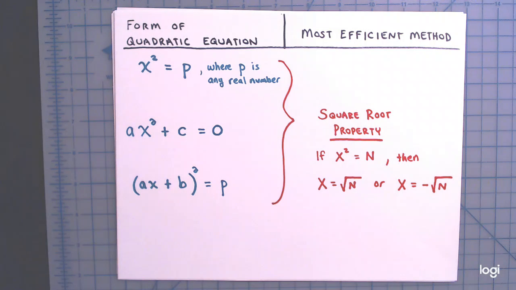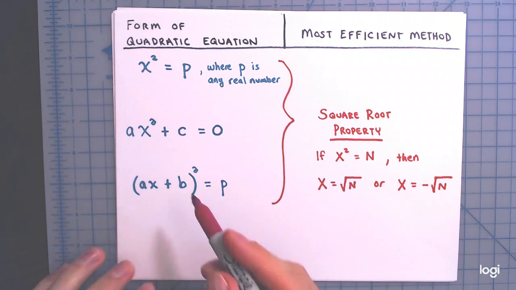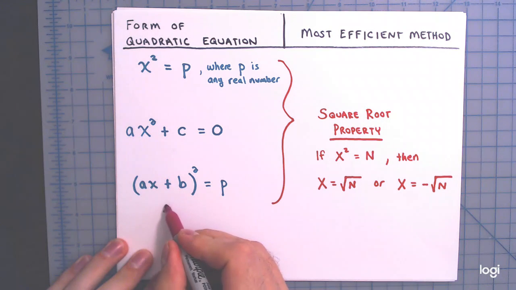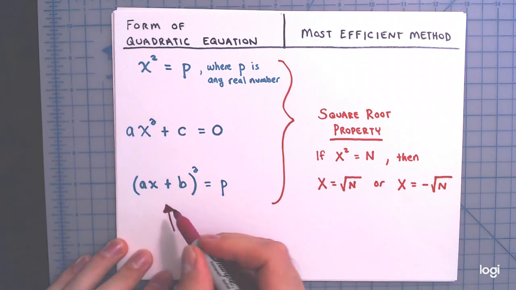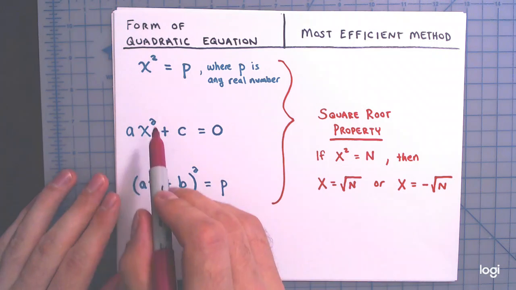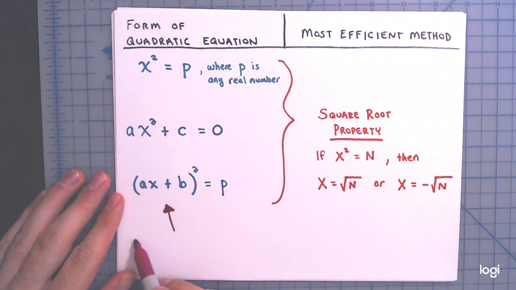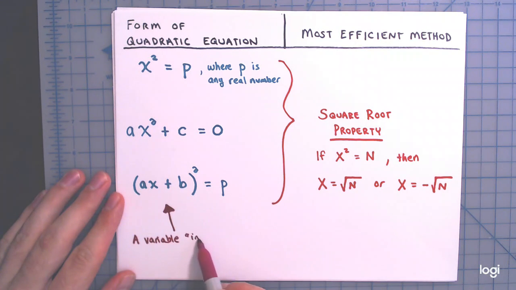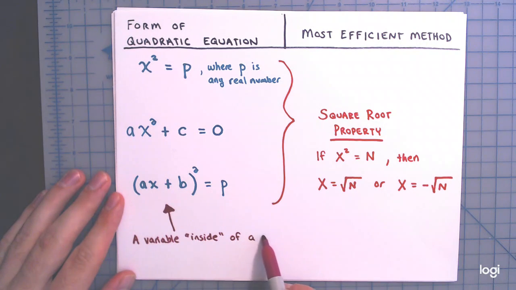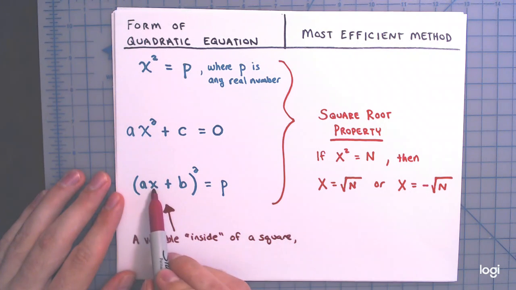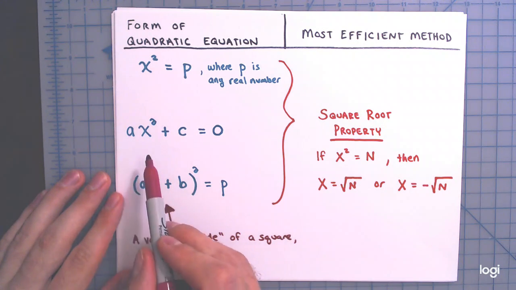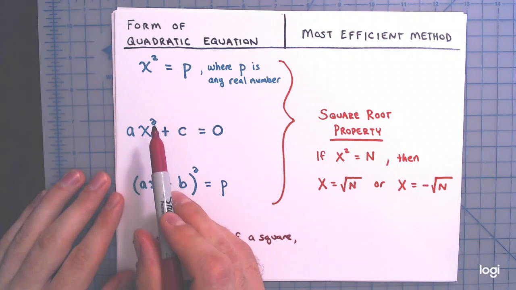And what you might notice about every single one of these, and I brought this up in the video on the use of the square root property, is that there is a variable inside the base of a square. The variable x is in the base of this square. Here the variable x is in the base of this square.